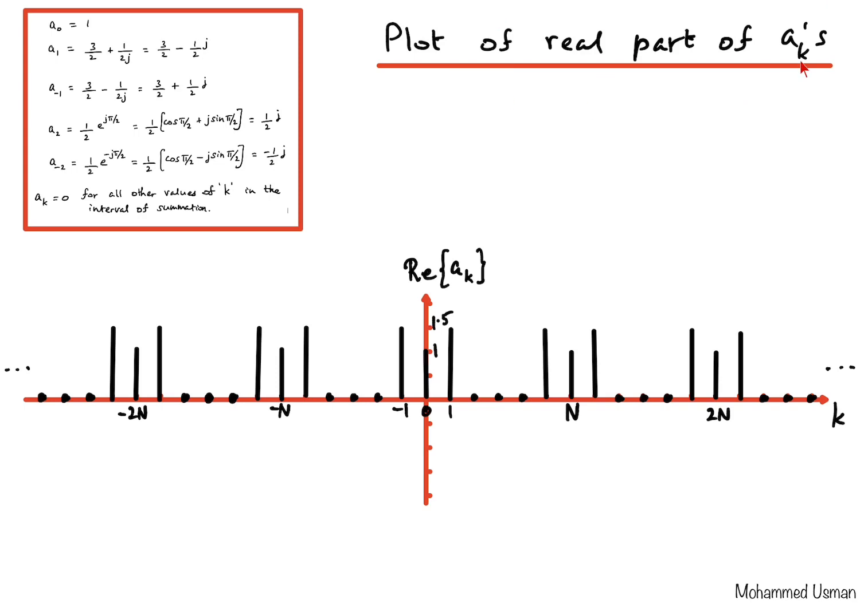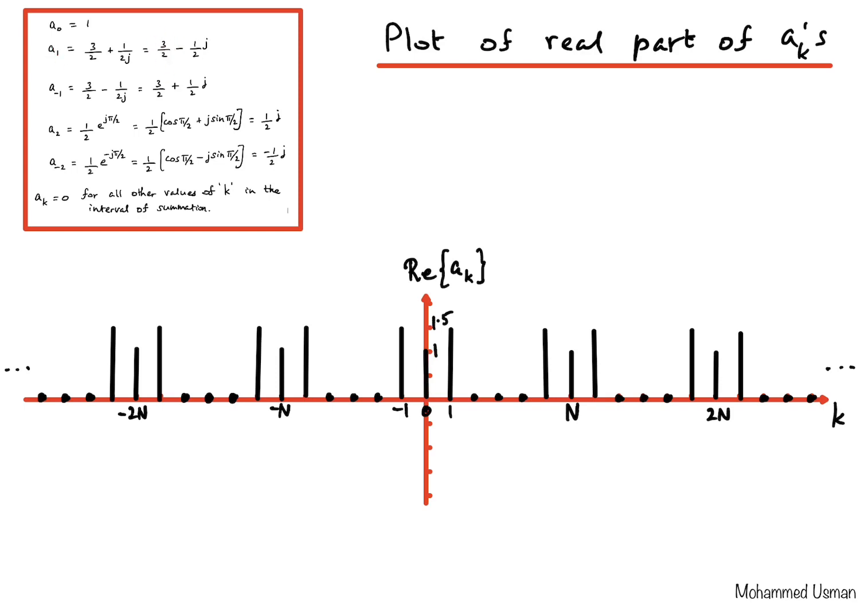First we will plot the real part of the ak's. We have the ak's represented here in this box. For a0, it's a real number, so the real part is that number itself. a0 is 1, so we have k on the x-axis and the real part of ak on the y-axis. a0 has a real part equal to 1.